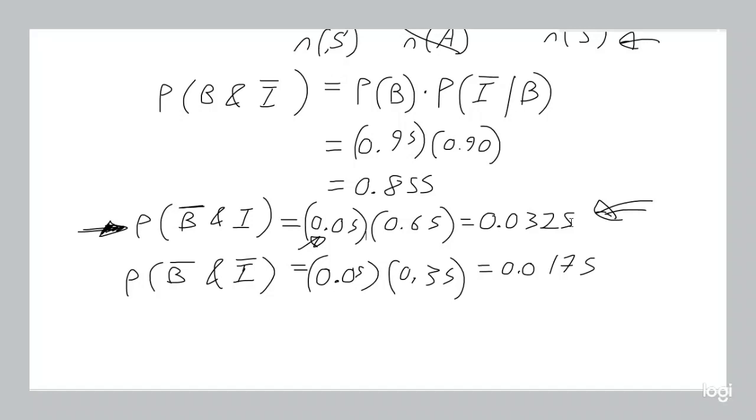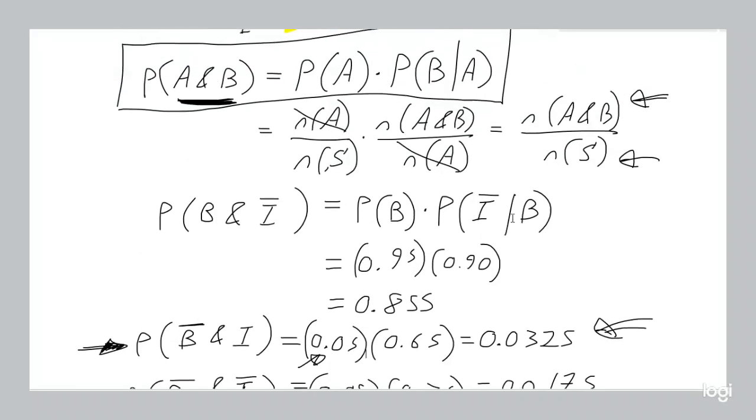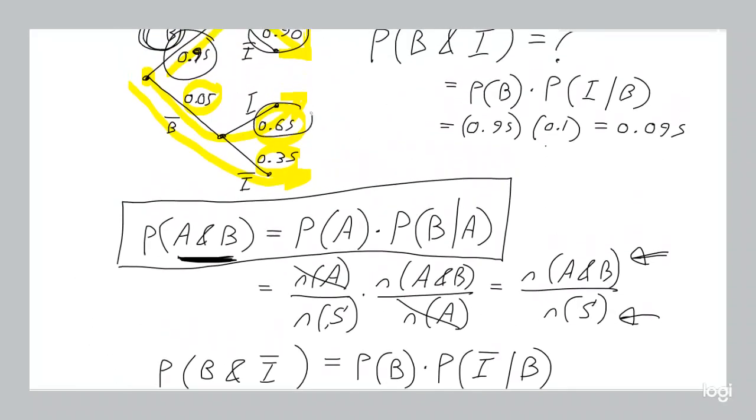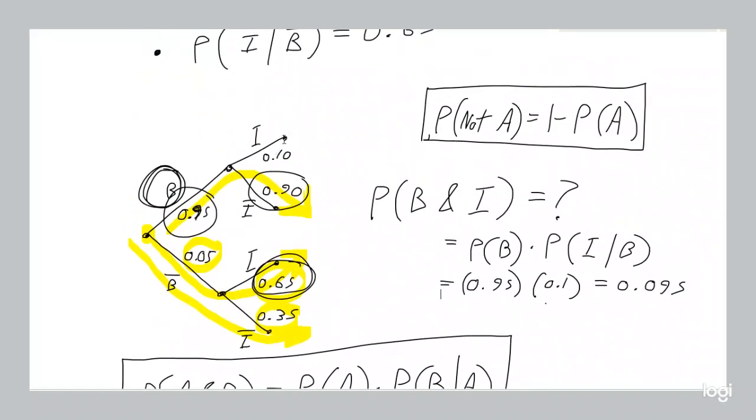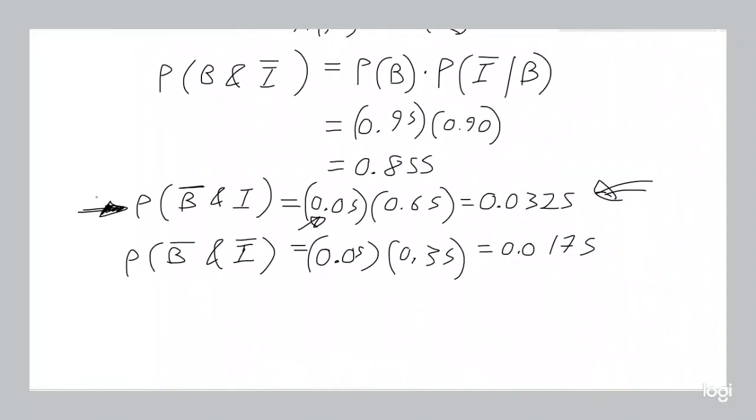The number you should be looking at to determine how important seatbelts are is this number right here. Given that someone's not wearing a seatbelt, the chances of injury is 65%. Given that they're wearing a seatbelt, the chances of injury is only 10%, which of course is a huge difference, right? So this low probability here and this low probability here.